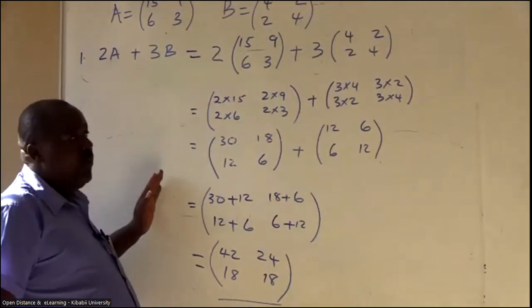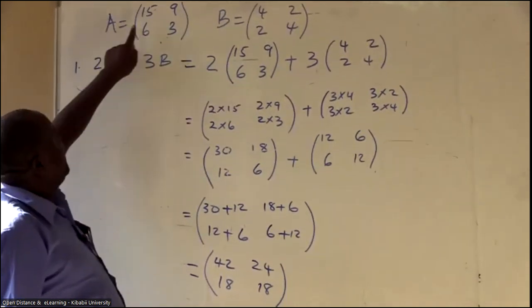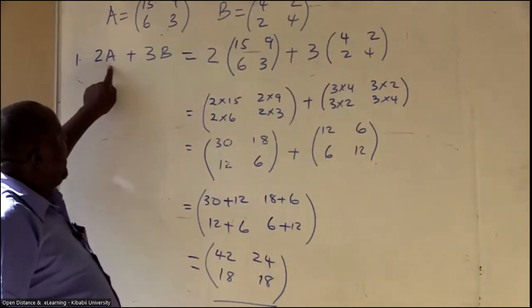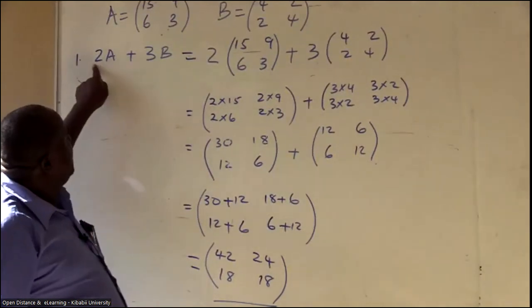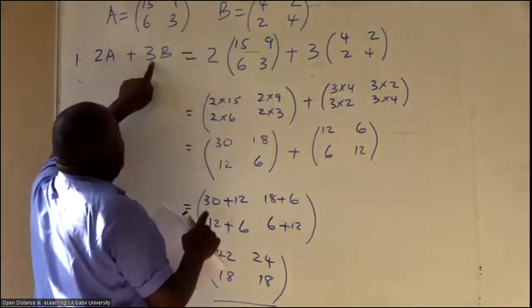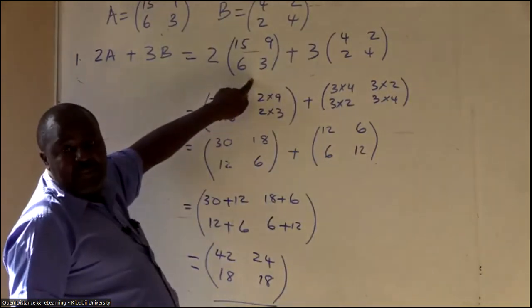This is how the scalar multiplies the matrix. A is 5, 9, 6, 3. Twice A means it's twice the 2 by 2 matrix A. There is 3 times matrix B. So this is the scalar multiple.